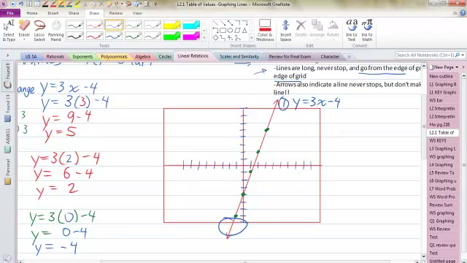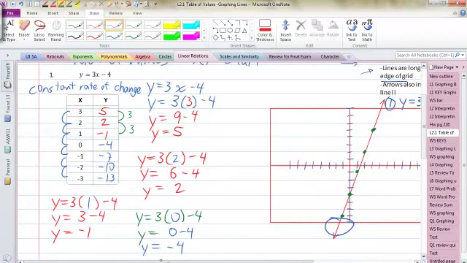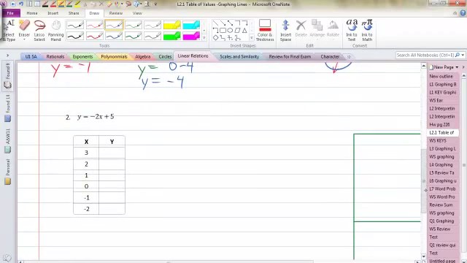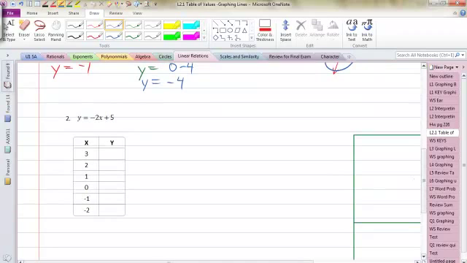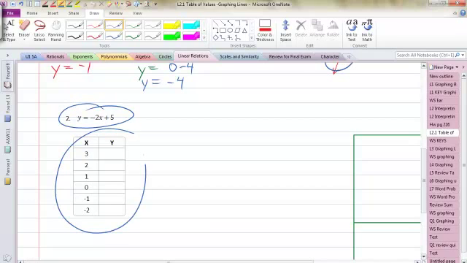How many people think they can graph a line now? Okay. So this is what I want you to do. Keep this grid here. I want you down here, try this one. Okay. I've kept ticking off one of the numbers. But I want you to write down the equation, write down your grid, and I want you to go find those points.